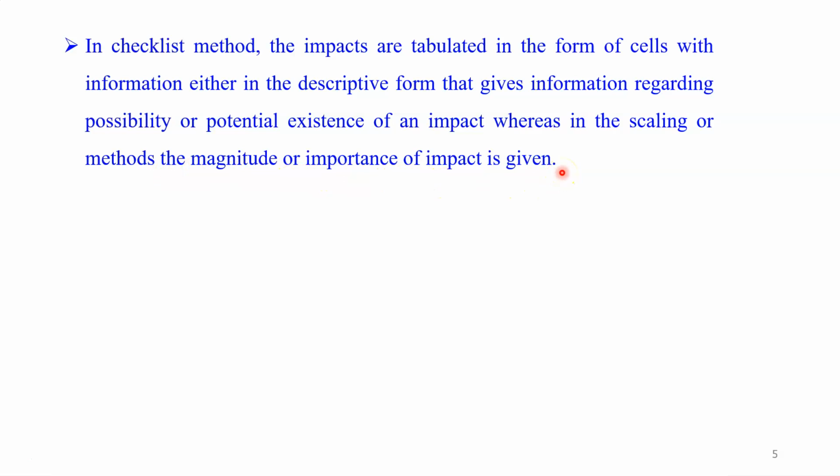See, this is a very important feature, because when we apply the checklist method for the environmental impact assessment, at that time we prepare the list of the activities in a tabulated form with cells and rows, and we can even make the same list in the descriptive form also.